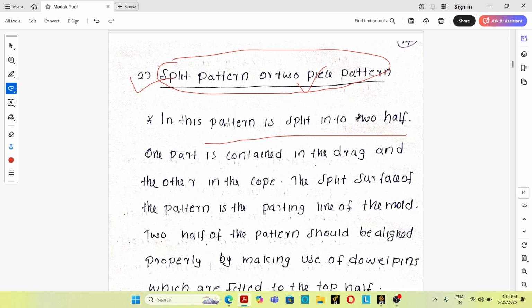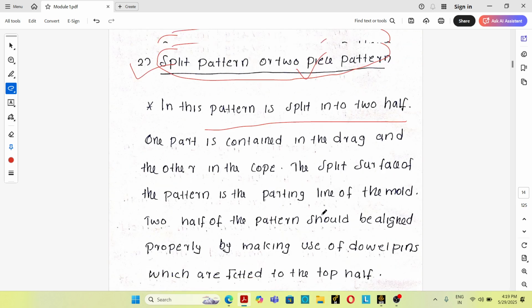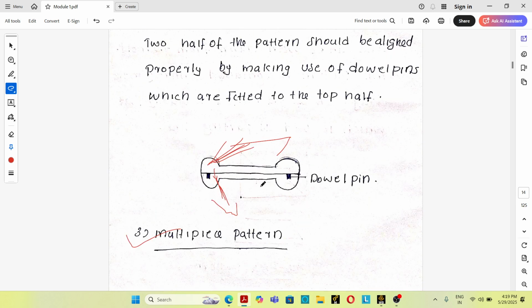In the case of a split or two piece pattern, the pattern is made of two pieces: one piece for the cope portion and the other piece for the drag portion. The split surface acts as the parting line surface, and these two pieces are aligned using dowel pins. So this is known as a split pattern or two piece pattern.